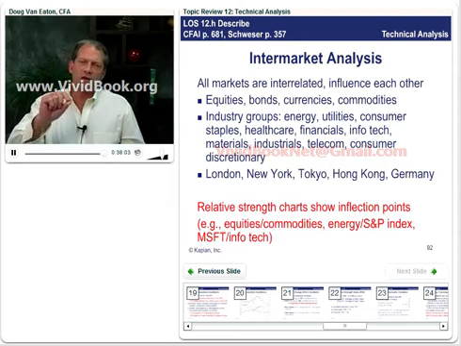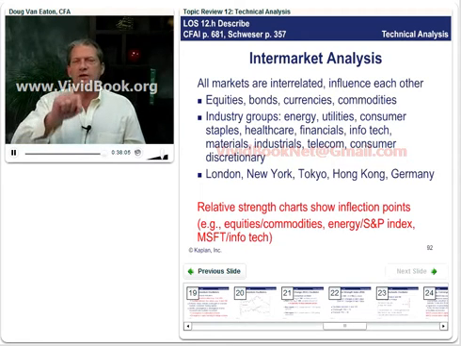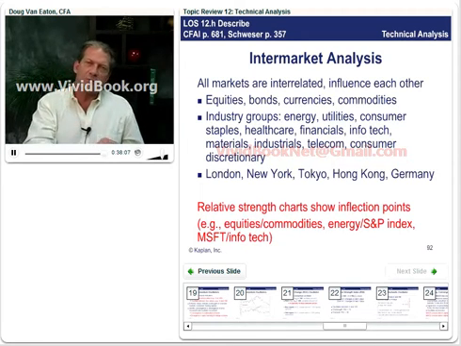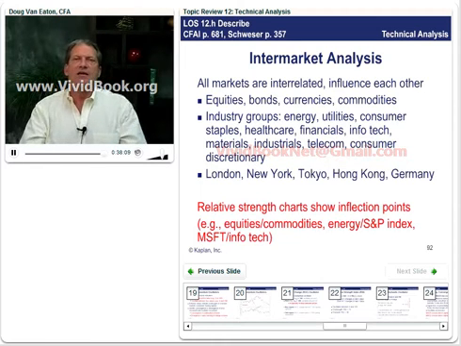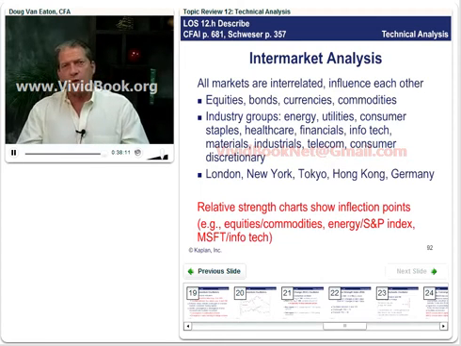So this relative strength indicator would reach a peak and then go into a prolonged downtrend after that.